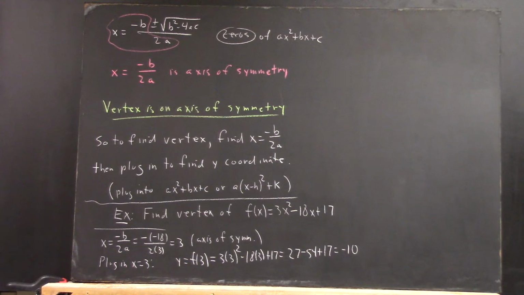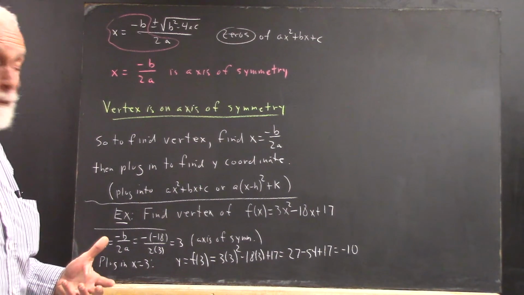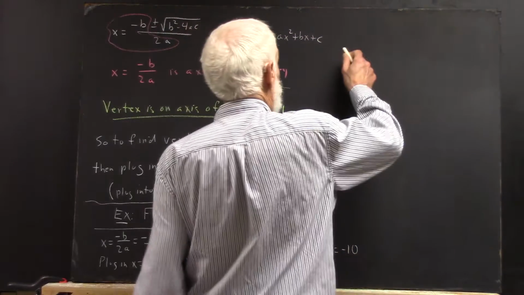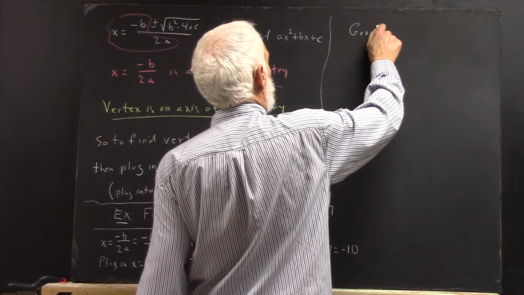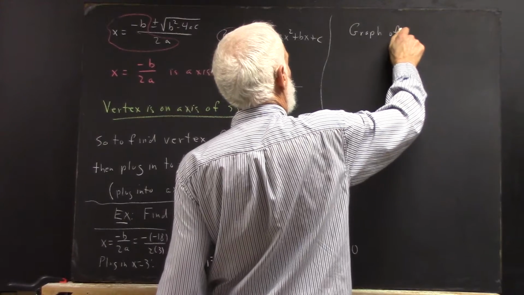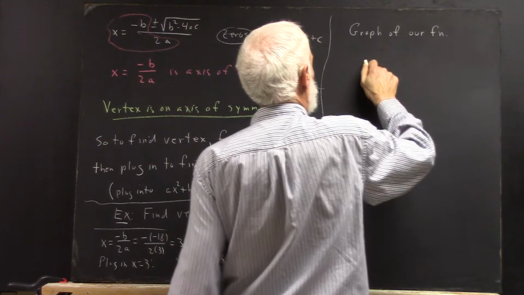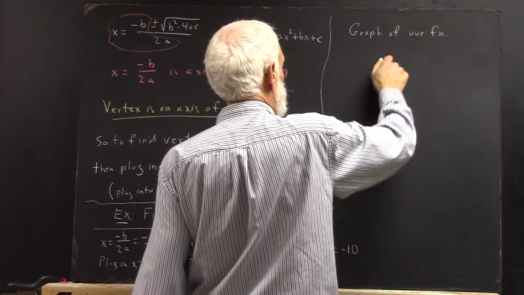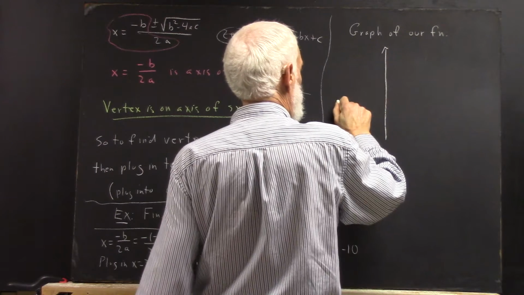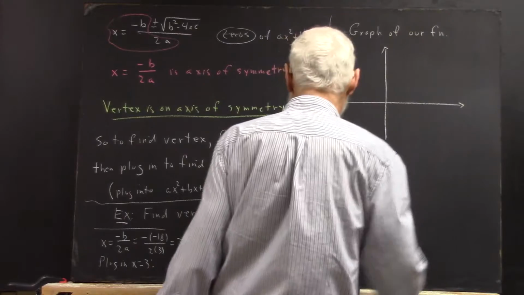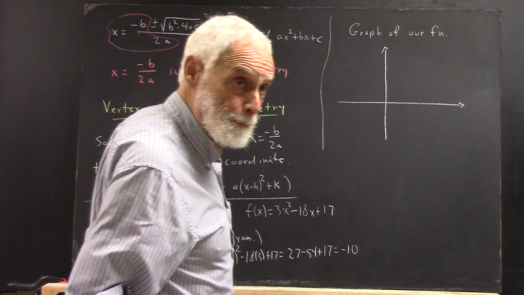Okay, so what's the axis, so what's the vertex? So now we know something about the graph of this function, right? Okay, so now the graph of the function. Okay, vertex is at x equals 3.